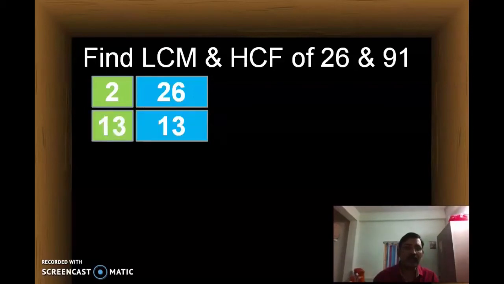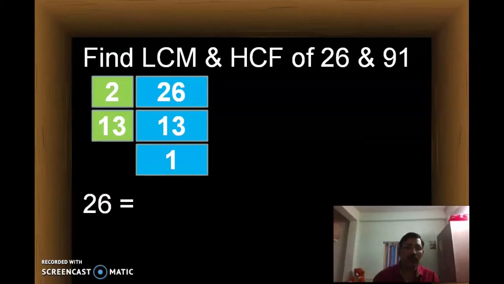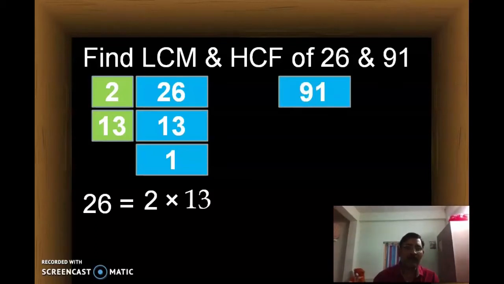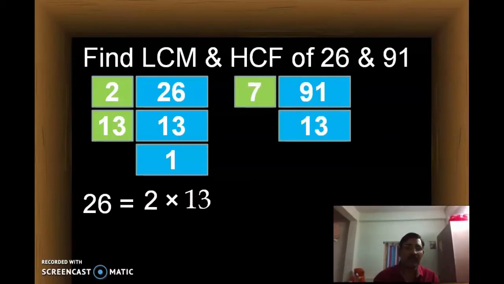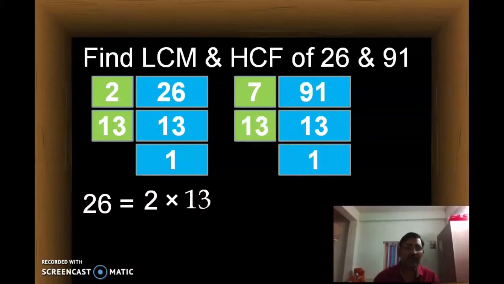So we can observe that 26 is equal to 2 into 13. Okay. Next number is 91. 91 is divisible by 7 and we get 13. And again 13 is divided by 13 one time. So for 91 it is 7 into 13.